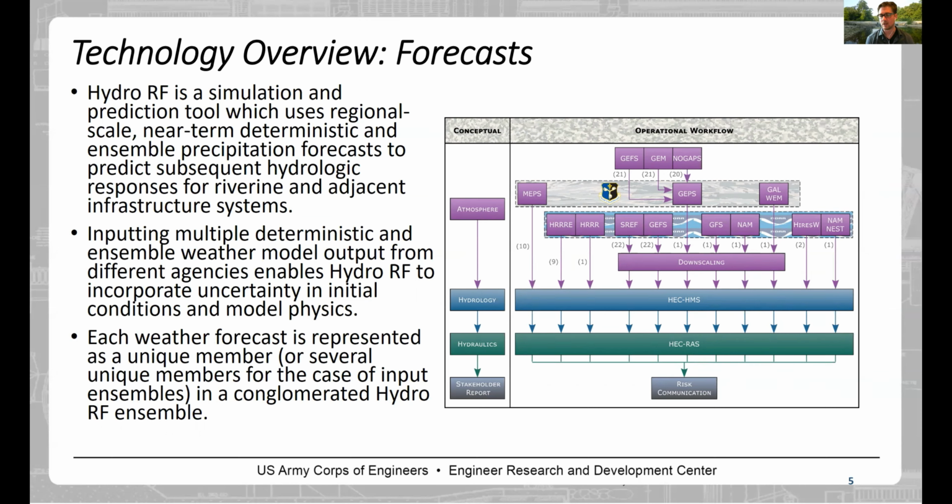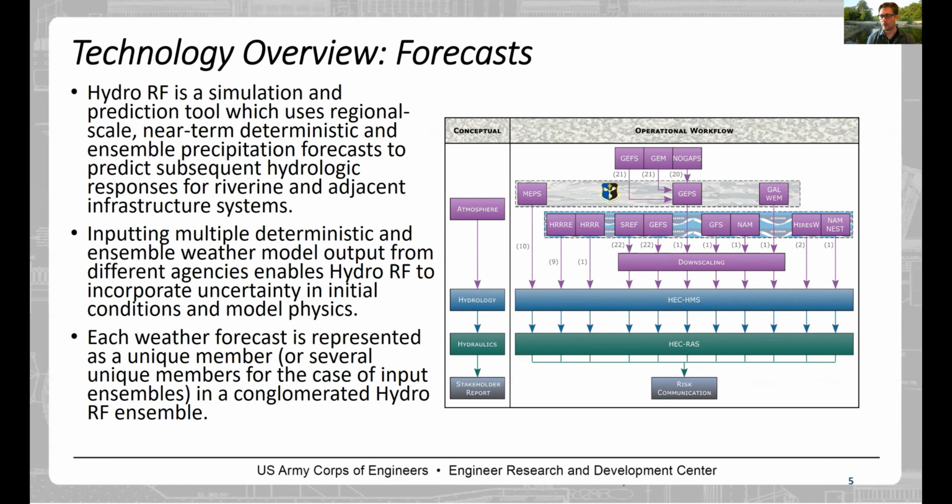Each forecast member is just a prediction of what's going to happen in the future with regards to rainfall in a certain area. These forecast members come from two primary sources: the 557th Weather Wing of the US Air Force and NOAA. So these are our operational models.